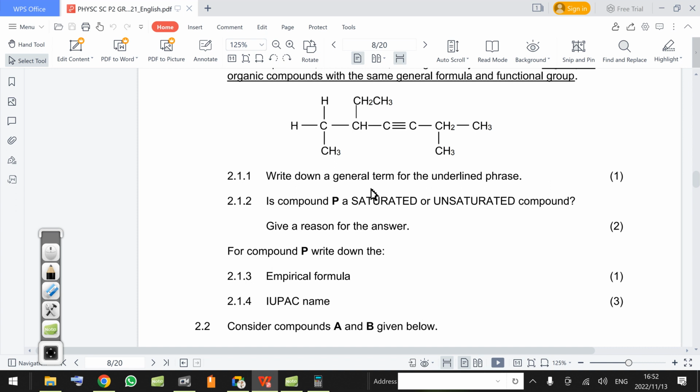That's what made me revise. Here, you have a molecular formula. That's why this is 1 mark. They said, write down the general term of the underlined compound. Is P saturated or unsaturated? This is unsaturated, right? And from here, we can simply count. How many carbon atoms do we have here? 1, 2, 3, 4, 5, 6, 7, 8, 9, 10.